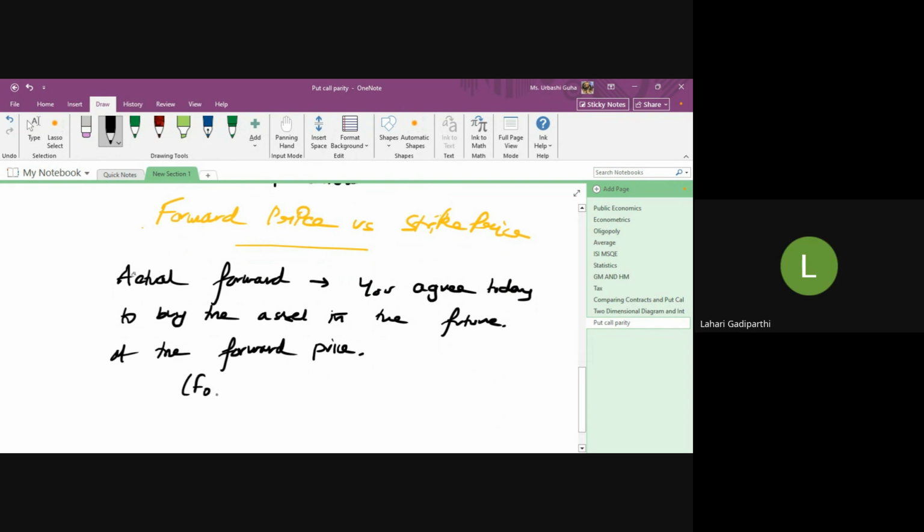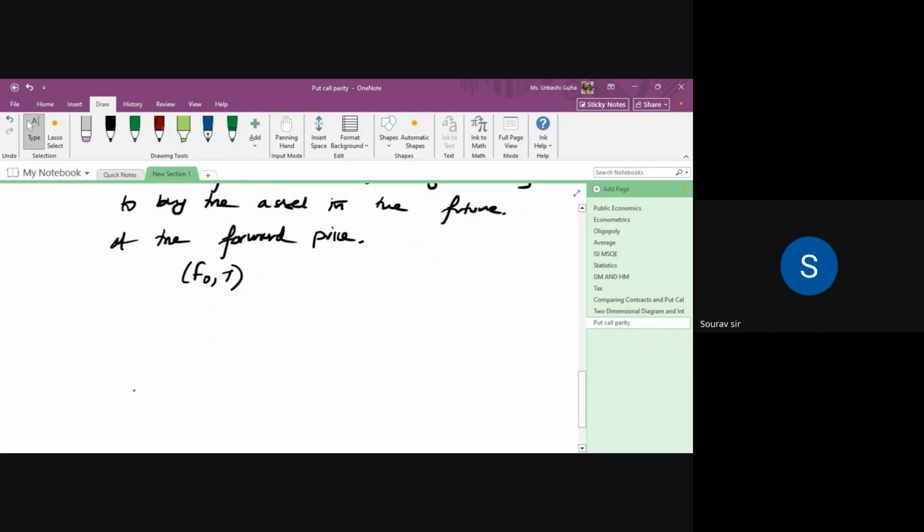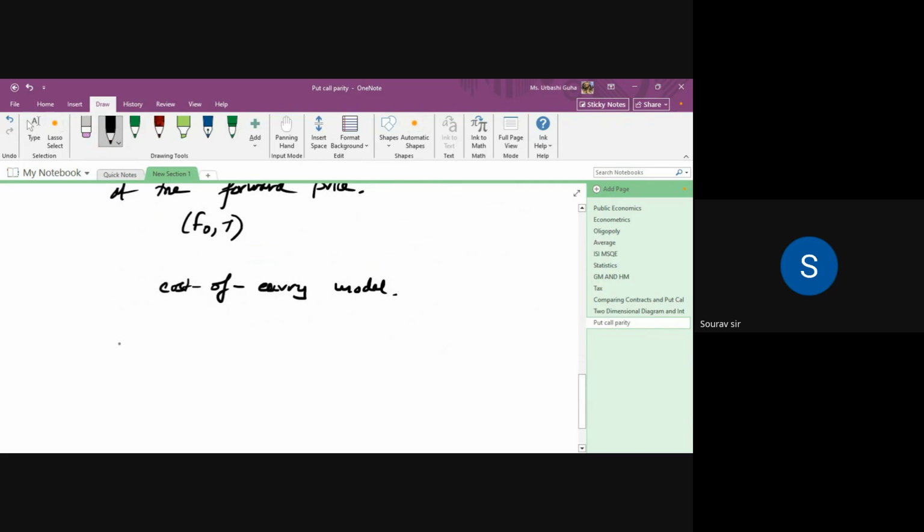So it's F0T. Now this forward price is set using the cost of carry model. F0T is equivalent to S0 e to the power rT.